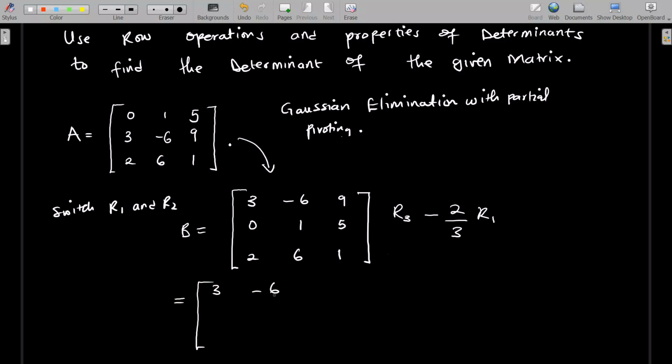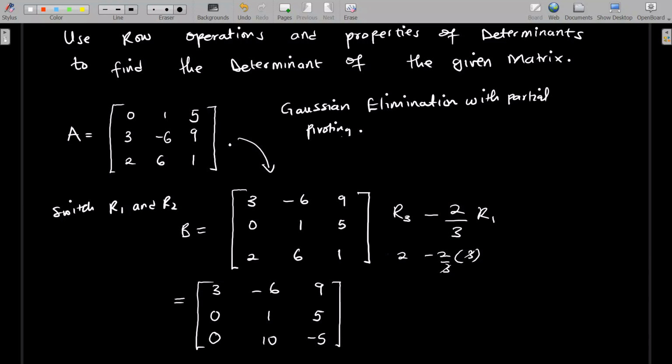I mean, there's also partial Gaussian elimination, but there's a special name, Gaussian elimination with partial pivoting. So 0, 1, 5, and then if you do that for row 3, you have 2 here minus 2 over 3 times row 1, and that element there is 3. So this will give me 0 here. If you do it for all the corresponding entries, that's 6 and negative 6, 1 and 9, you're going to get this to reduce to 10 here and then negative 5.